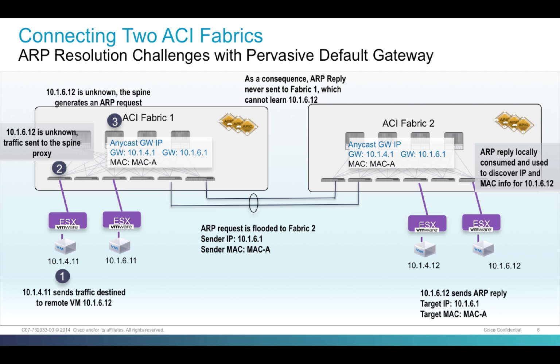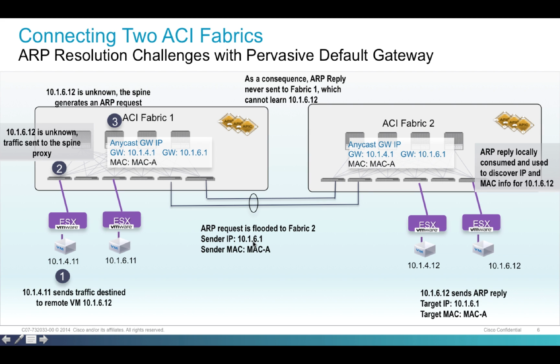It's going to create an ARP request looking for the destination virtual machine. That ARP request is going to be originated from the SVI of the data center 1 Anycast gateway. So in this case, it's going to be sourced from 10.1.6.1.